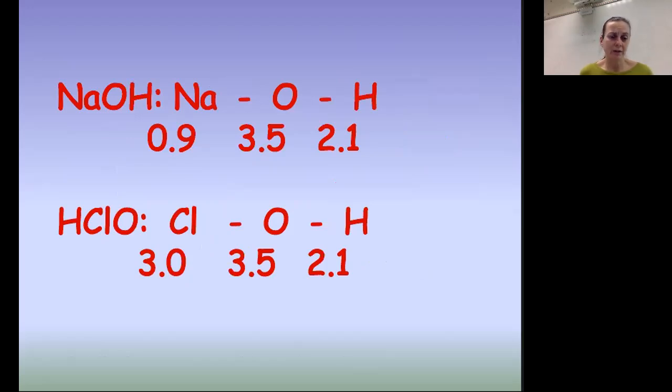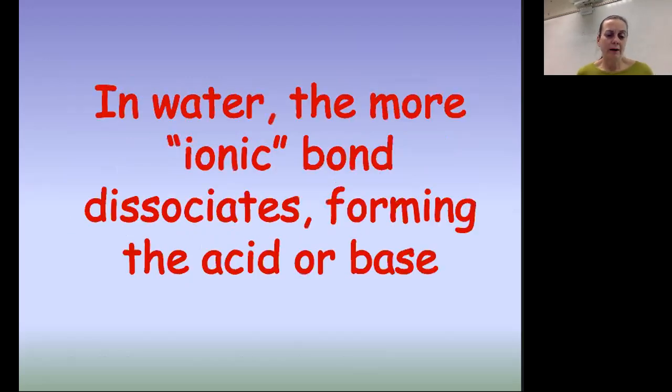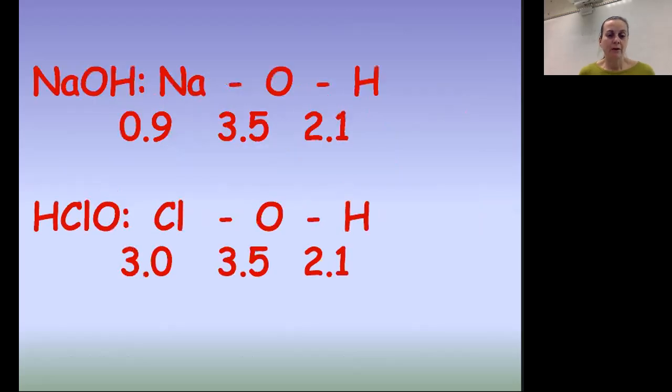So why is one of these an acid and the other is a base? Well, in water, our more ionic bond, so our more polar bond, is the one that's going to dissociate, and that's what determines whether we have an acid or a base. Because we have this big difference in electronegativity between sodium and oxygen in sodium hydroxide, the bond that's going to break is the bond between the sodium and the oxygen.